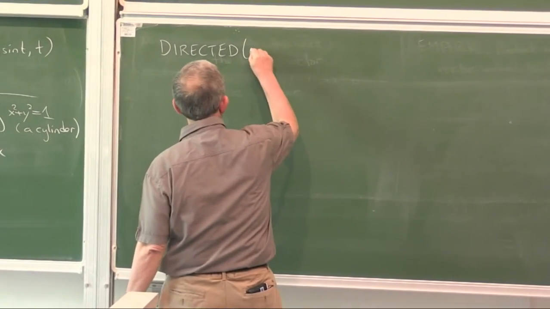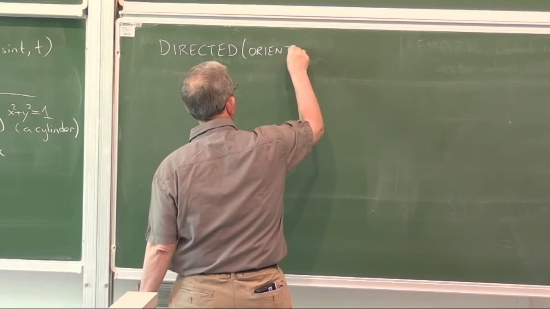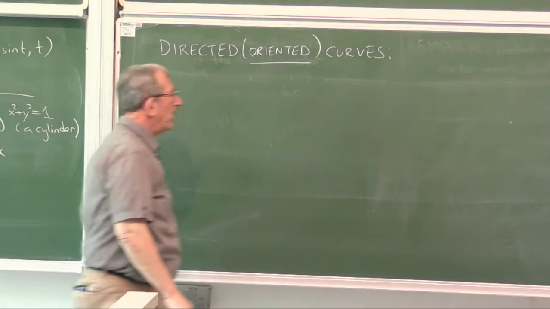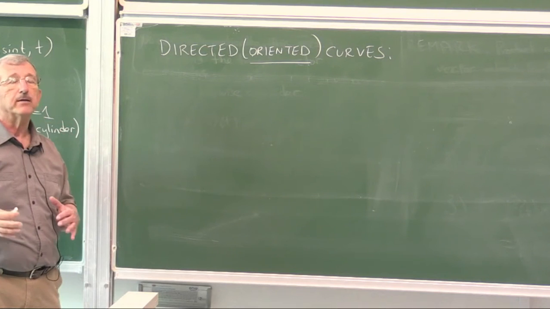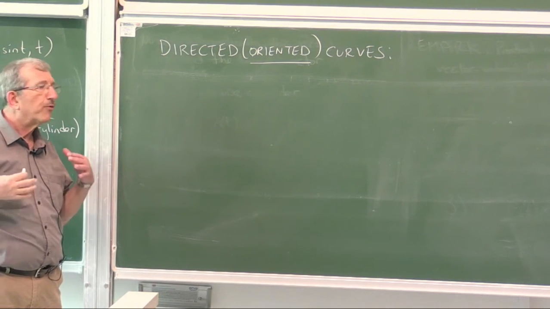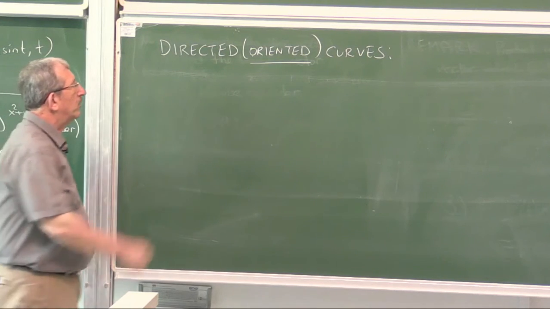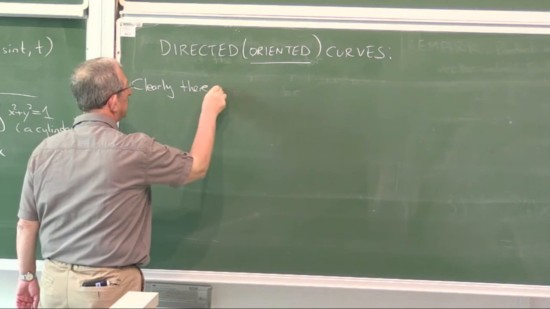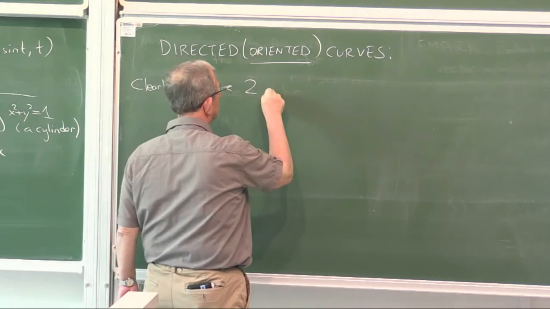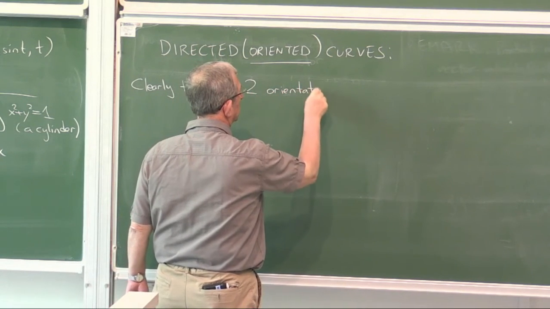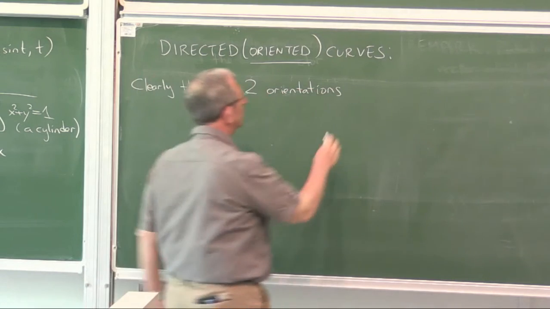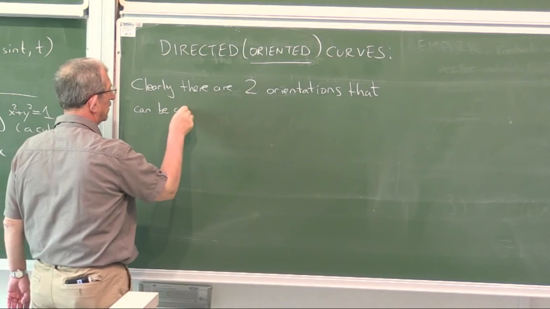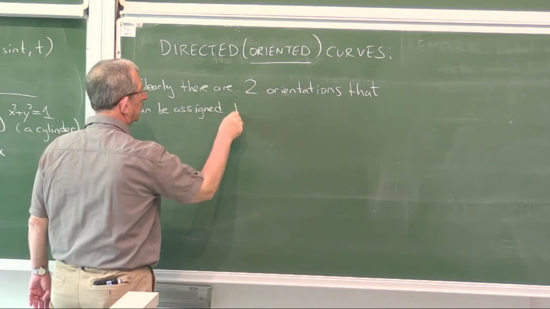So it is oriented curves. Well, clearly, whether in space or in plane, there are two orientations, or if you want, senses, that can be assigned to a curve.